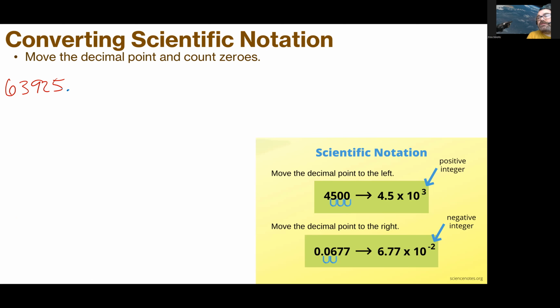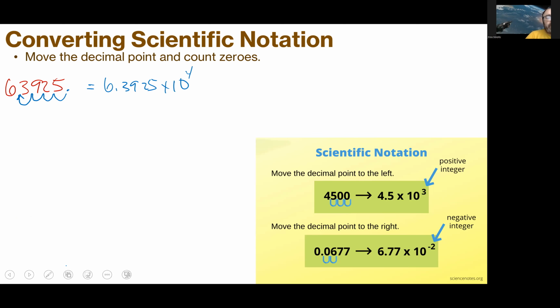We're going to move it until we have one number to the left of the decimal place. 1, 2, 3, 4. Okay, we moved it 4 times. So this is the same thing as saying 6.3925 times 10, and we moved it 1, 2, 3, 4 times. 10 to the 4th, we want a positive 4 because that's a bigger than 1 number.